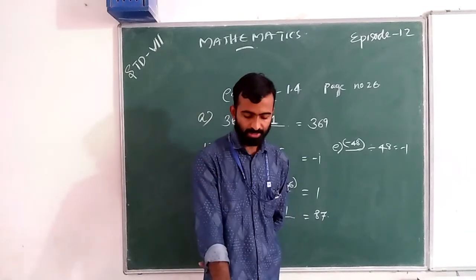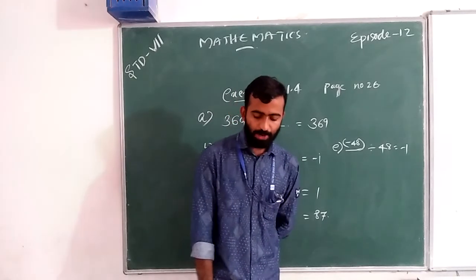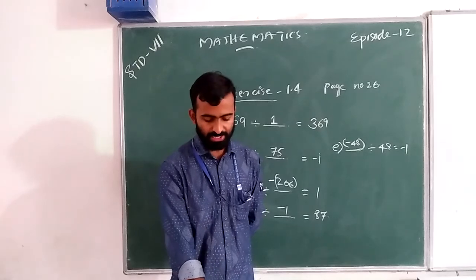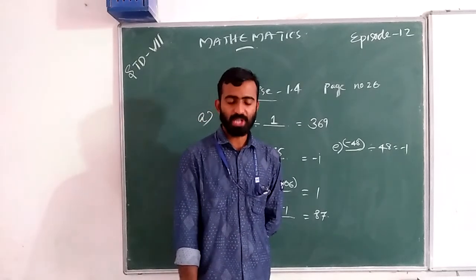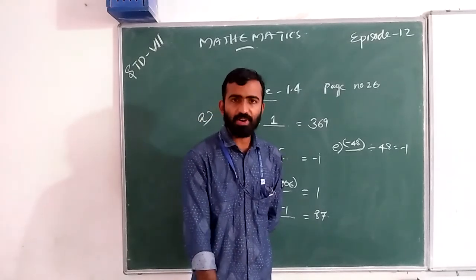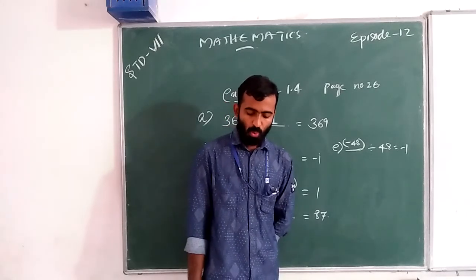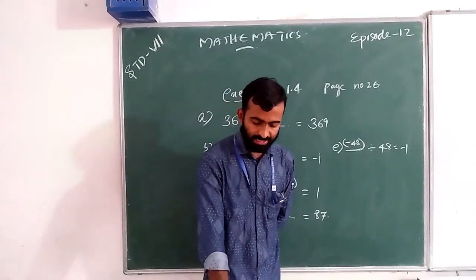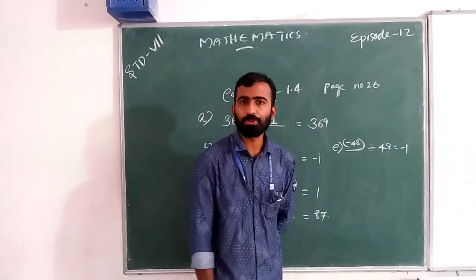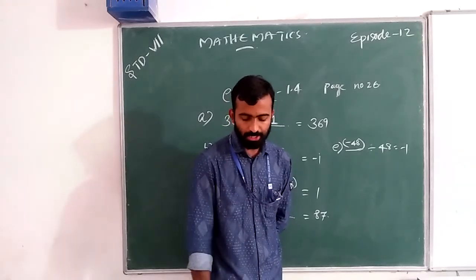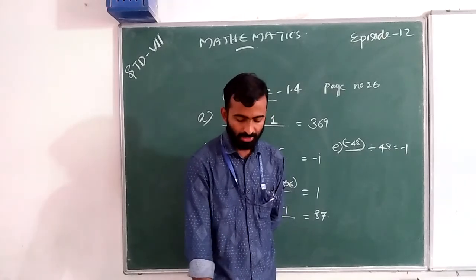I repeat the question: write 5 pairs of integers a, b such that a divided by b equals negative 3.